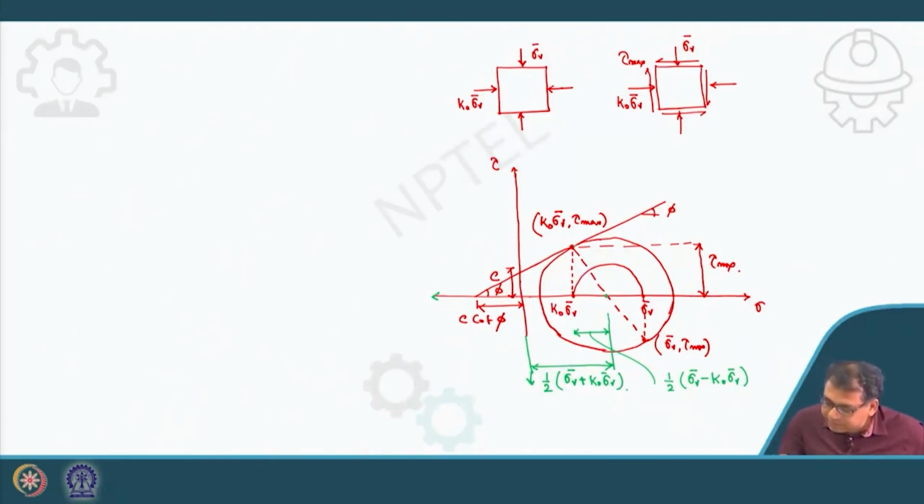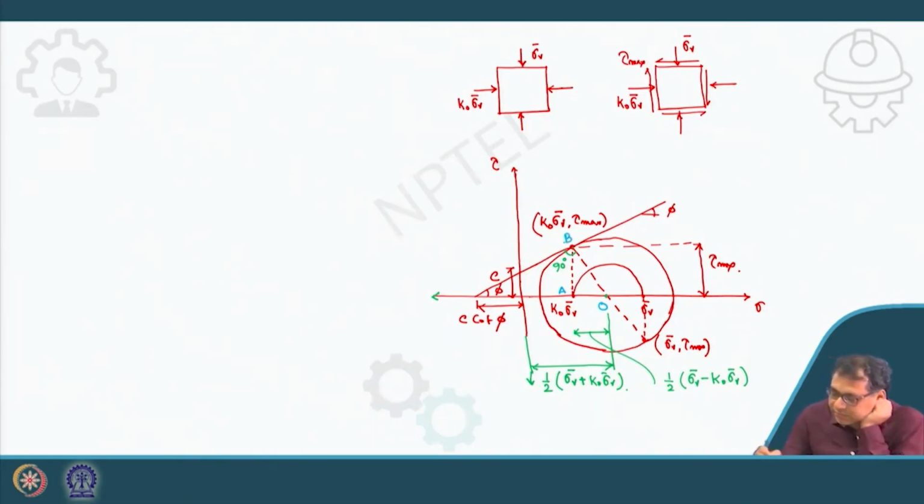Now, if this is the point and the failure surface is tangent to that point, and if I join this point and the center, this will be 90 degrees, definitely. If I draw these points and say this is the O point, this is my A point and this is the B point.